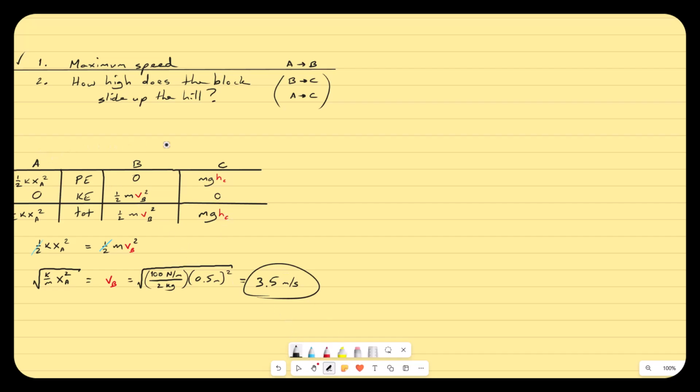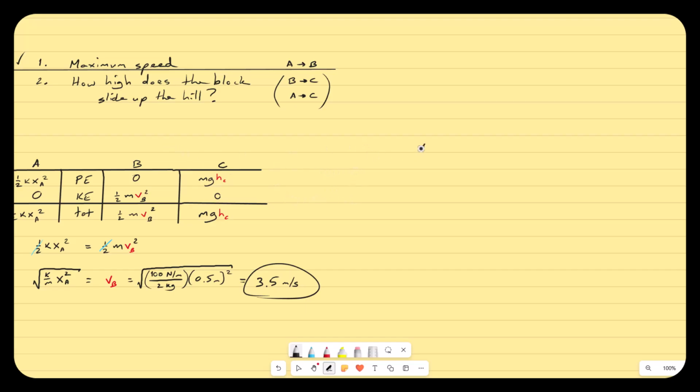I can set my energy at C equal to my energy at B or my energy at A. I'm going to choose A because when I did my energy at B, I found this v. This 3.5 is really 3.536 meters per second, something like that, so it's a rounded number. It's going to be more accurate if I go straight from A to C because I'm not working with any rounded numbers. I'm just working with given numbers.